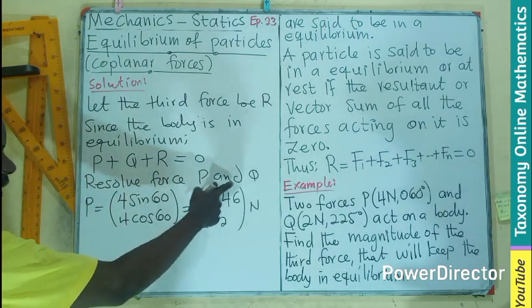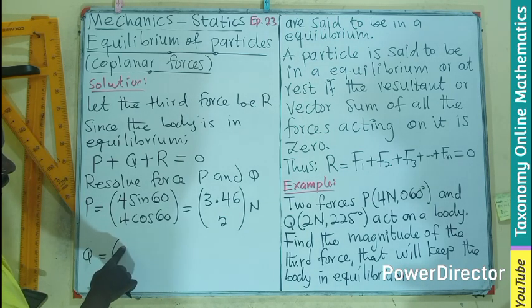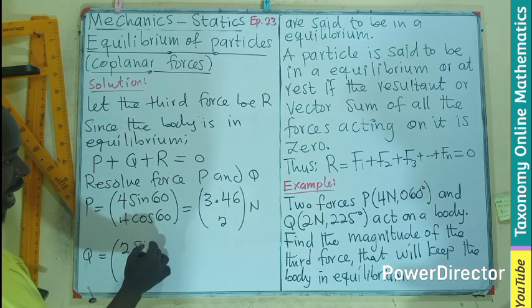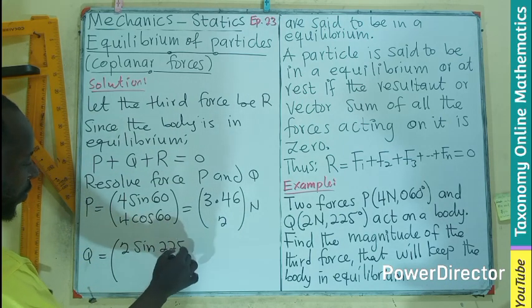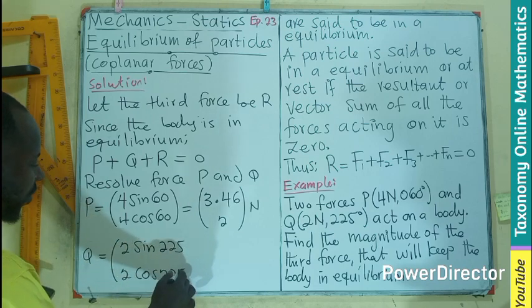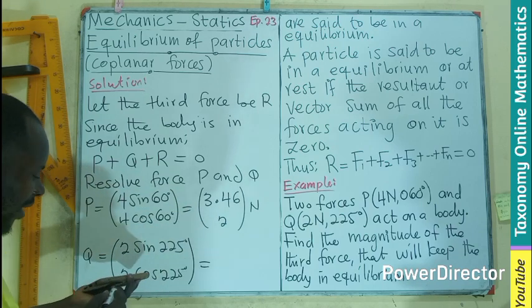Okay, so let's see. We go for the second force, which is force Q, right? So Q will also be resolved in the magnitude of 2 sine the angle of 225, 2 cos the angle of 225, all in degrees. Let's resolve that and see.